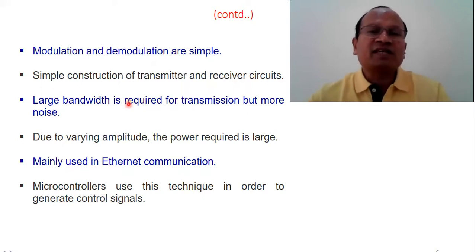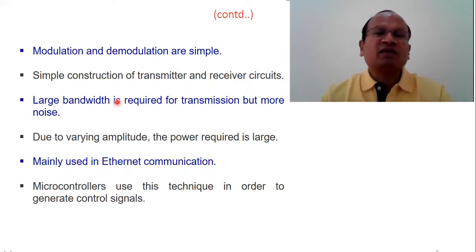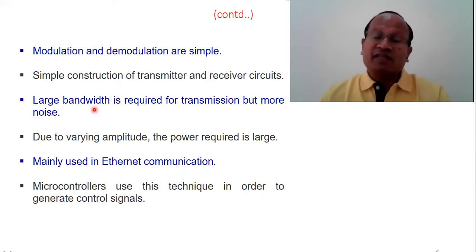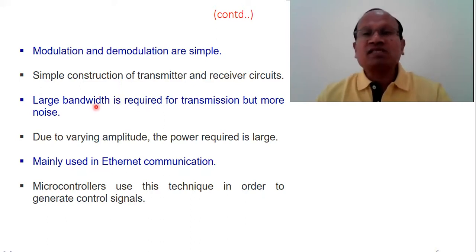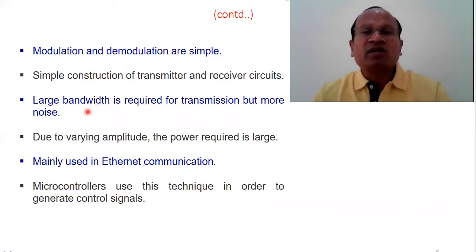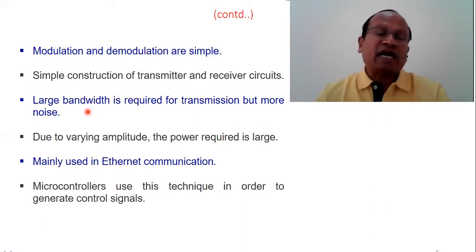Large bandwidth is required for transmission, but more noise. Large bandwidth is required, but noise is a problem, especially when we discuss flat top and natural top. There are difficulties related to noise, that is clipping of the signal. We will discuss this separately in PAM as a separate topic.